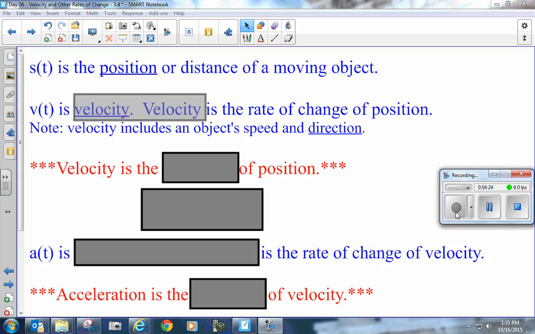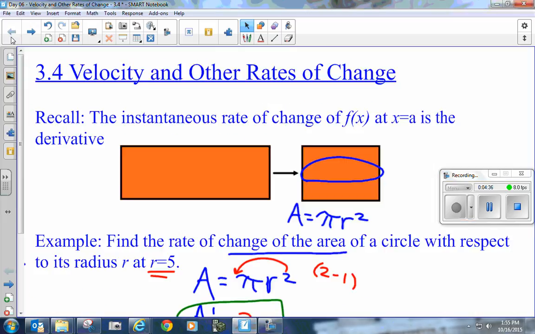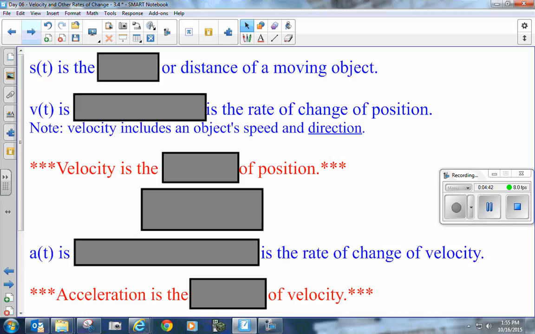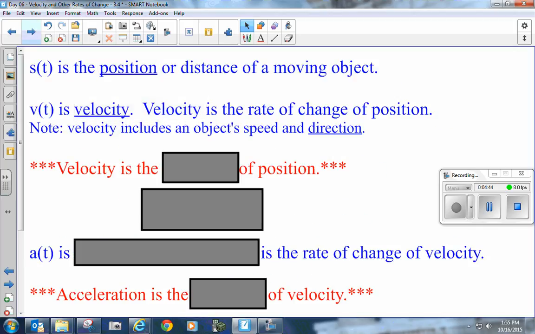But the velocity, which is v of t, is the rate of change of position. And rate of change is the slope. It's the derivative. The rate of change is the derivative of something.